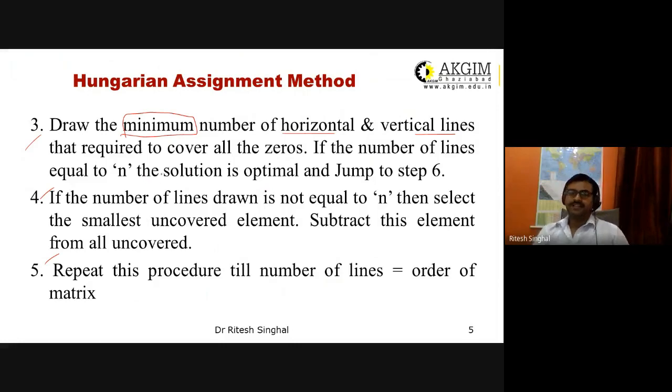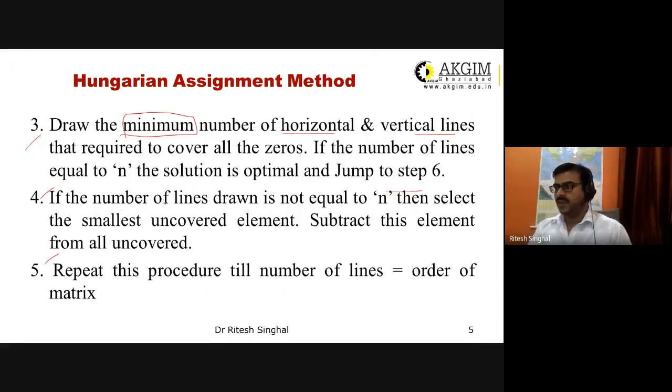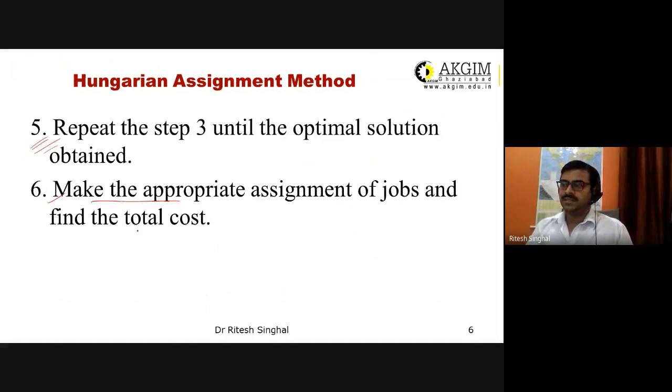If the number of lines is equal to the order of the matrix, directly you can jump to step 6, that is start making allocations. Otherwise, if the number of lines is less than the order of the matrix, then you should subtract the uncovered element, like we have done in this particular question, and repeat this procedure till we get the number of lines equal to the order of the matrix, and then make assignments and find the total cost.